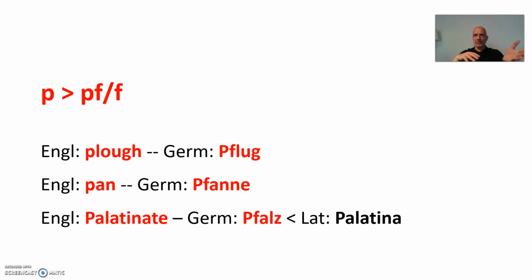Or I included this because this is the area where I originally come from: Palatinate, deriving from the Latin Palatina, Pfalz. And there you see it very regular. So T to Z, and P into Pf: Palatina, Pfalz. The Romans founded that.